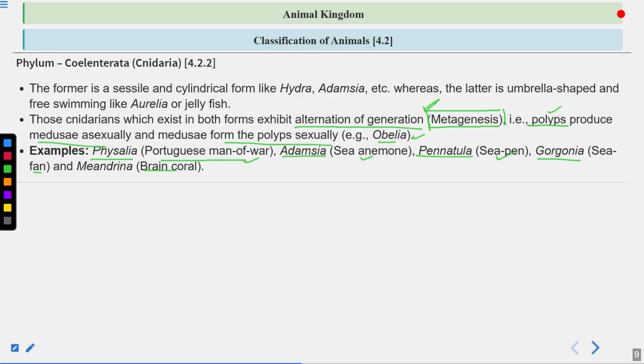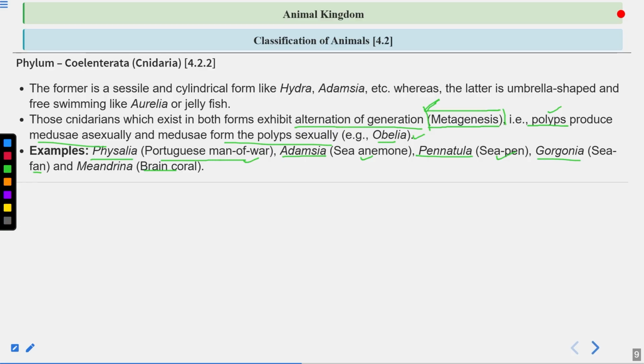Match the column type of question can be asked from these scientific names and common names. If you remember both the names, then you can easily get the answer, right? So you have to memorize this.